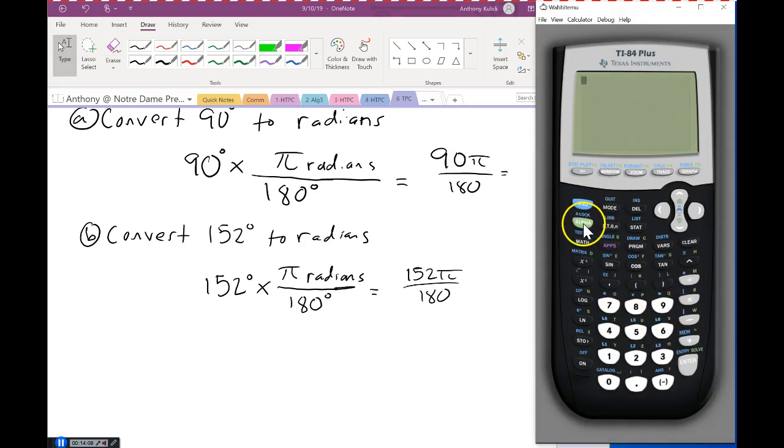So let's just type this into our calculator to illustrate another way we could write this that isn't in terms of pi. I'm going to do alpha and y equals to retrieve that fraction command, and I'm just going to type it in exactly as it looks on our sheet of paper.